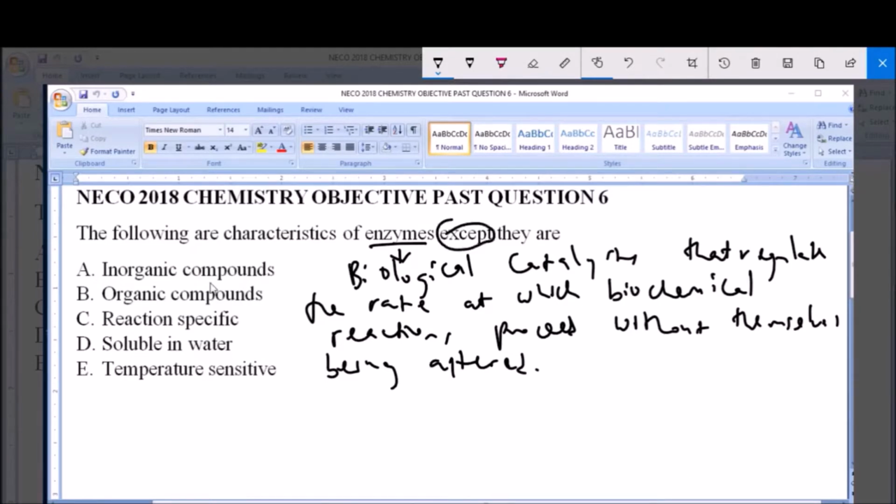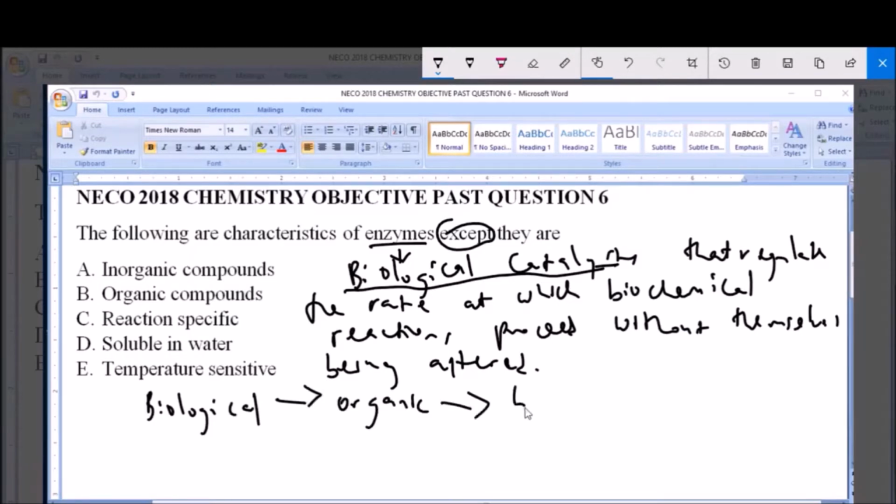So, inorganic compounds, option A. Now we've established the fact that enzymes are biological catalysts. That is, they are catalysts, substances that speed up or regulate the rate of reaction, and enzymes are biological in nature. By virtue of them being biological, it means that they are organic, or what is known as biomolecules.